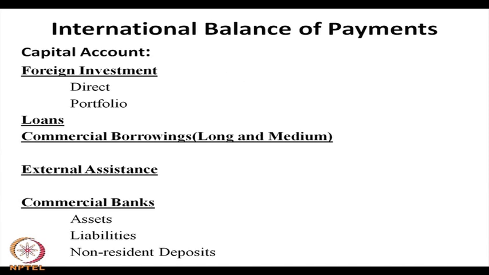If you go to the capital account, foreign investment, loans and commercial borrowing are quite significant. External assistance is not significant in the Indian context. So, in the capital account, foreign investment, that is direct and portfolio, is quite significant, and loans and commercial borrowings are quite significant.